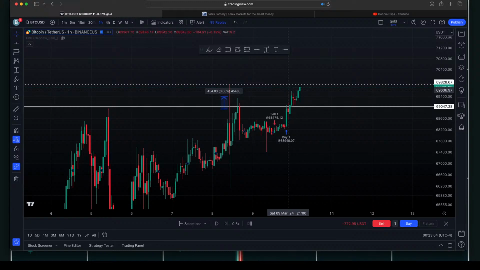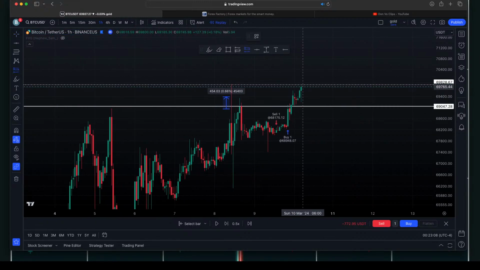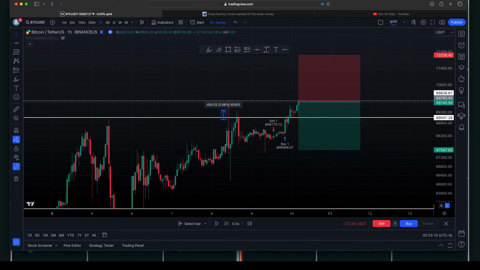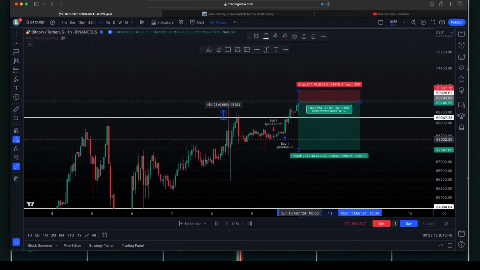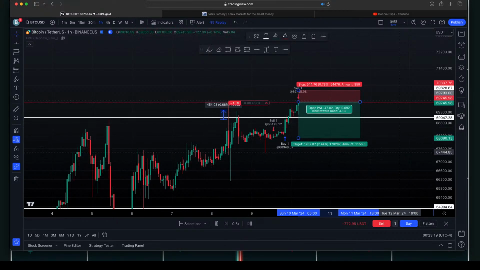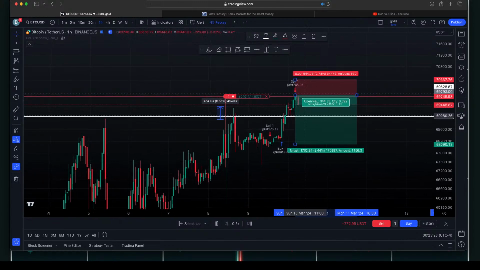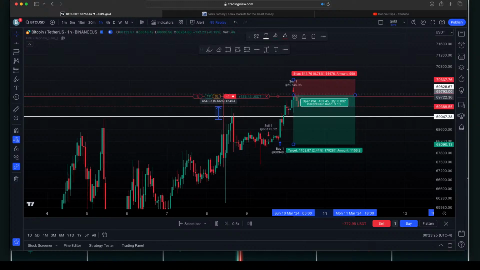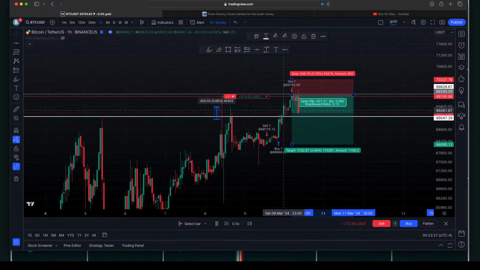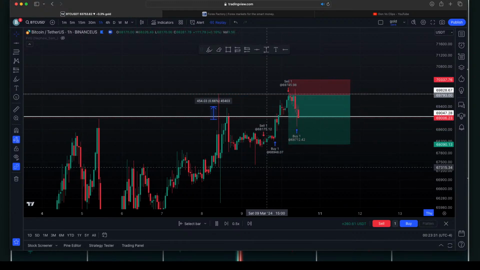That's a 42. So that's going to say a fake out right here. So if anything, I could probably take some kind of short right here and see if that maybe comes down. Sell. Let's see. Came down a little bit. Came down a little bit. Oh, perfect. That looked good.